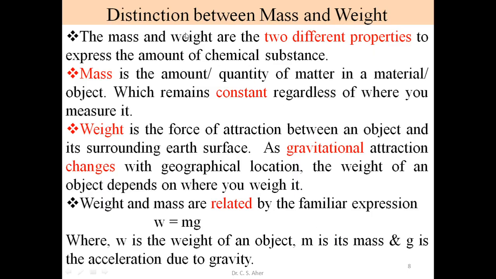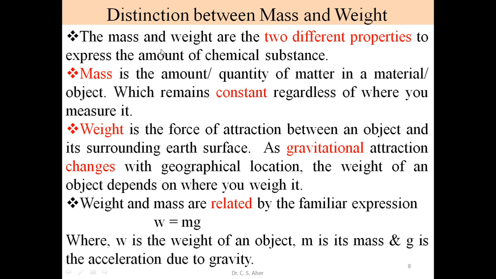After the useful conversions, now we see the distinction between mass and weight. Most of the students, what do they consider? Mass and weight both are the same, but they are not. There is some difference between these physical properties. Mass and weight are two different properties to express the amount of chemical substance.